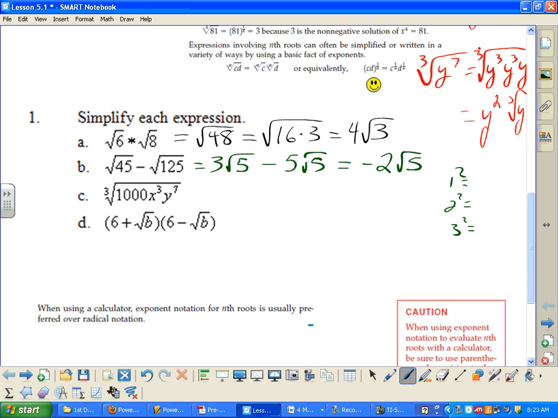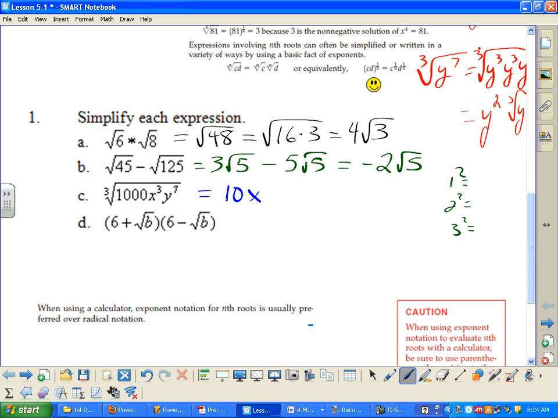Okay? So C, we're working with cube root here. What's the cube root of 1,000? All right. So the cube root of 1,000 is 10. What's the cube root of x cubed? X. All right.